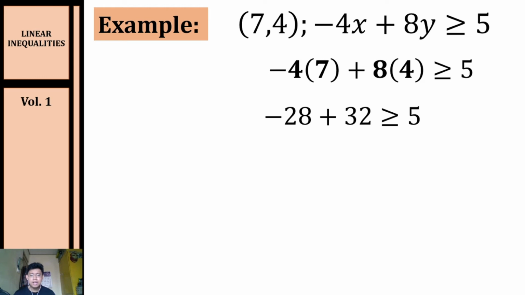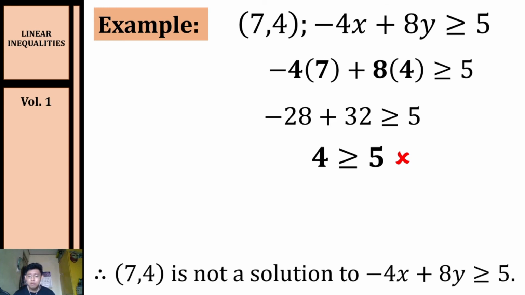We will have -28 plus 32 is greater than or equal to 5. Now let's combine like terms. We will have 4 is greater than or equal to 5. So is this true? No. Since the coordinate (7, 4) did not satisfy our inequality, we can now conclude that (7, 4) is not a solution to our inequality, -4x plus 8y is greater than or equal to 5.